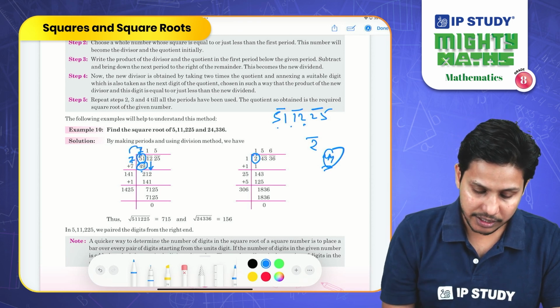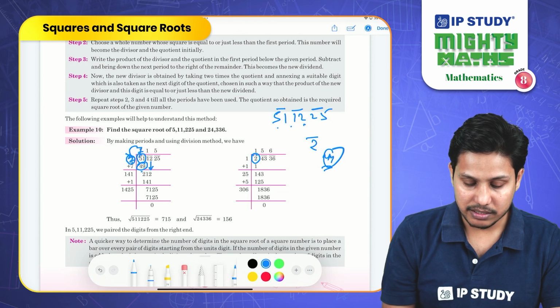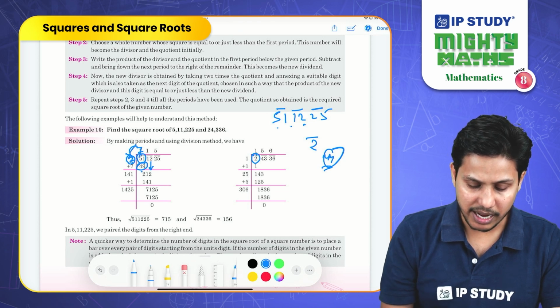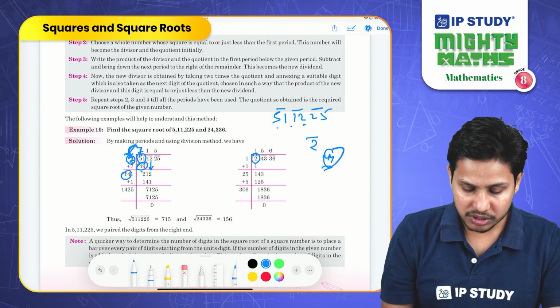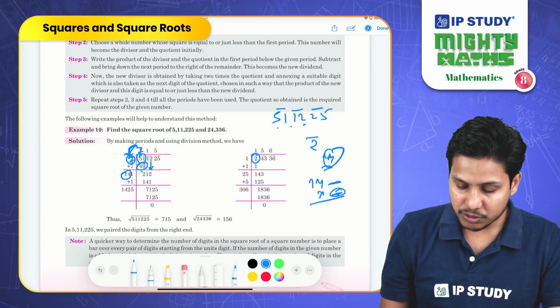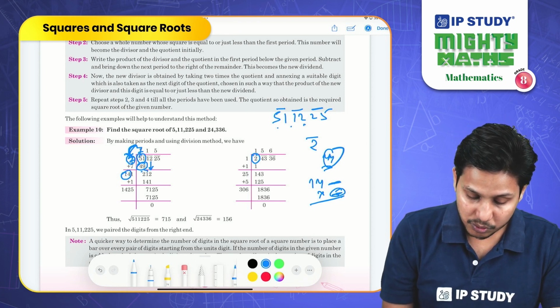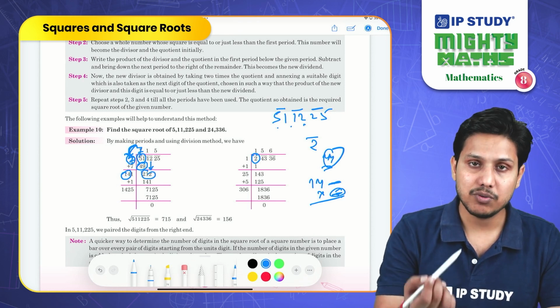Also we add these two, or we can say we just multiply this by 2. If we add these two, it becomes 14 over here, and we have to check what should be written with 14 over here, and that should be written again in the second part. If these two are multiplied, the product should be either 212 or smaller than 212.